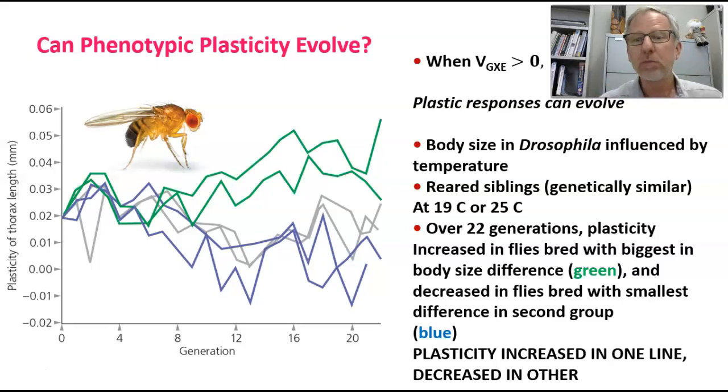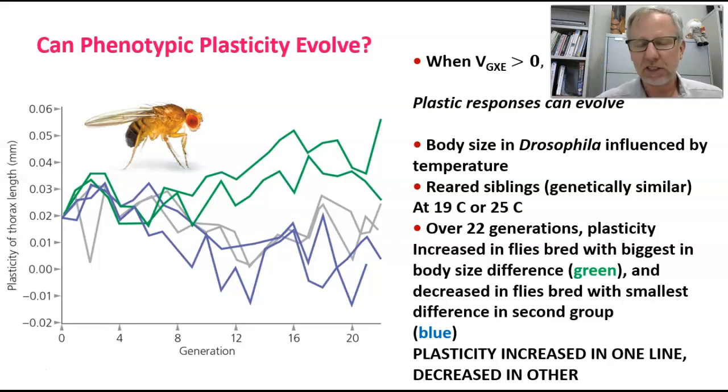In those groups, the amount of phenotypic plasticity indeed decreased. The gray lines are controls, which are just random flies that were grown under the same conditions. And you can see those gray lines are more or less in between the blue and the green ones.